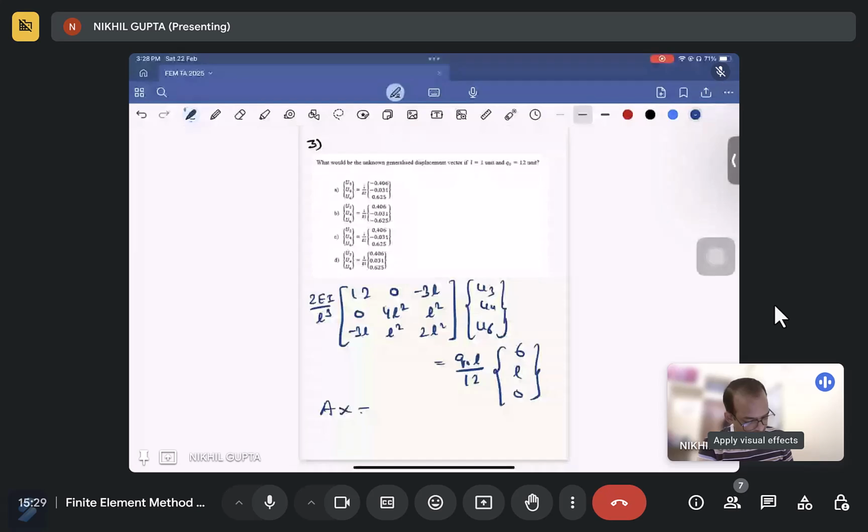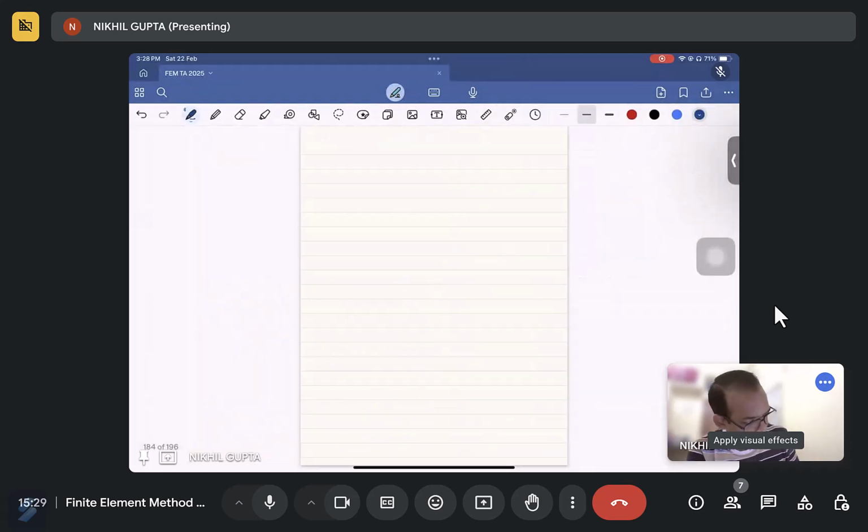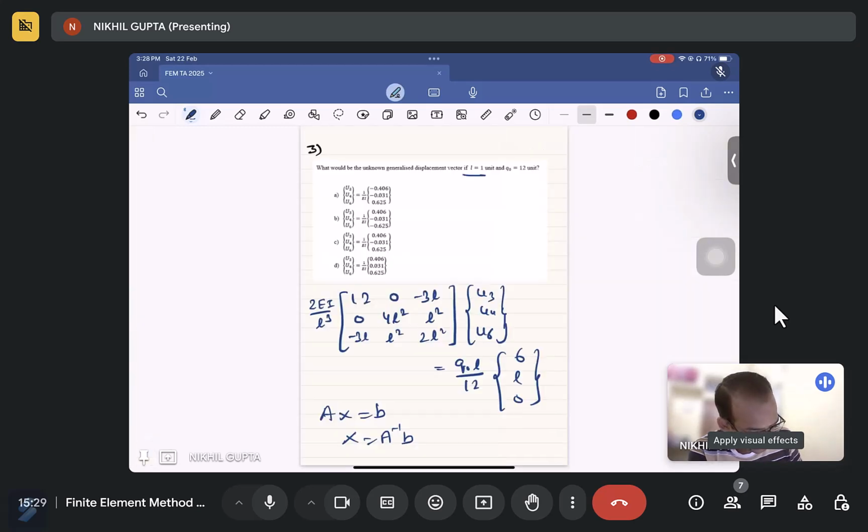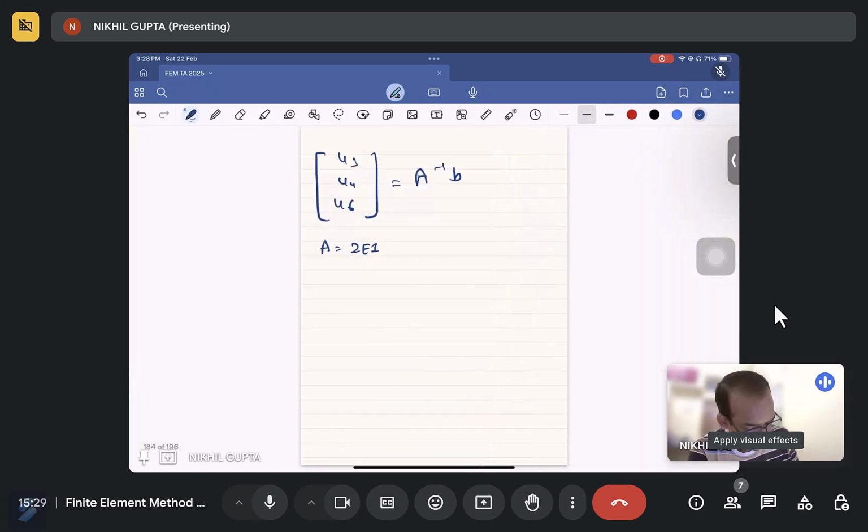Solve this problem, it's just an AX equals B problem. For that you have to compute A inverse B and you will get the X, or U, values. So this is U3, U4, U6 with A inverse of B, where A is 2EI. Now we can see L is 1 and Q0 is 12, so we can put the values in.